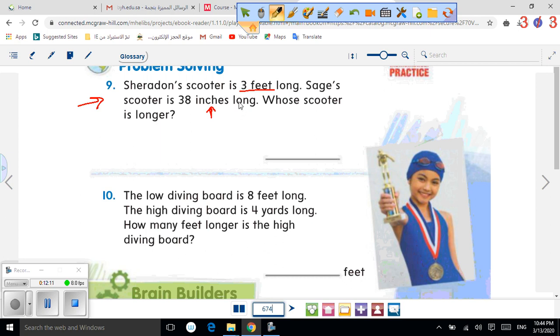Yes, we have a rule. 1 foot equals 12 inches. So 3 feet equals 12 plus 12 plus 12, which is 36. So Sheldon's scooter is 36 inches long. So whose scooter is longer? Yes, the answer is Sage.